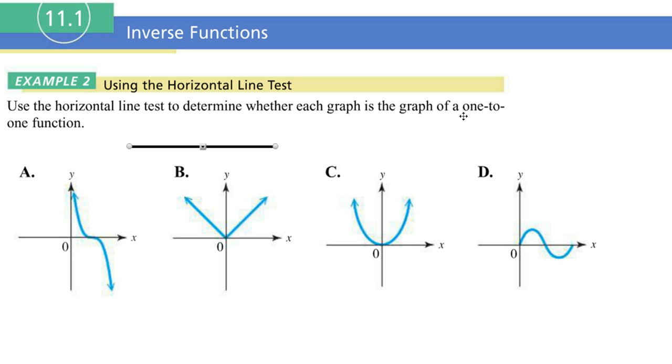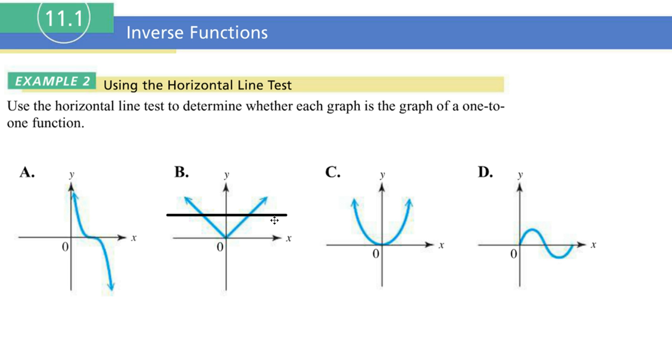The definition of a one-to-one function is where every x value corresponds to one y value, and every y value corresponds to one x value. If we look at example B, I'm going to place my horizontal line right here.